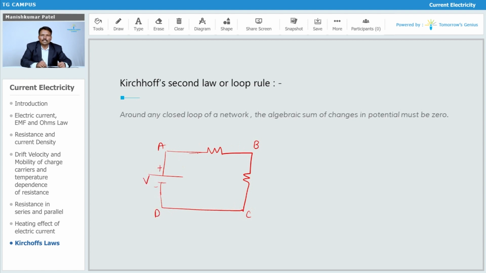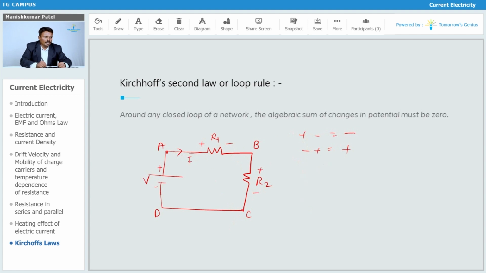The algebraic sum of the voltage drops around the closed path is always equal to 0. Assume a particular direction of current, then according to the direction of current give the polarity, plus and minus. If you are tracing from plus to minus, write it as a minus. If you are moving from minus to plus, write it as a plus.